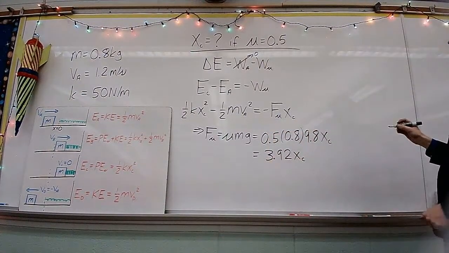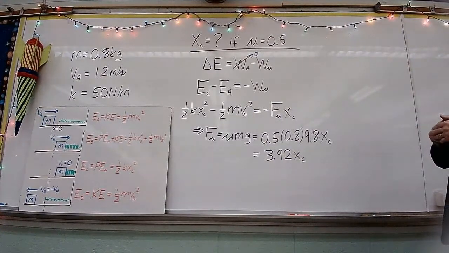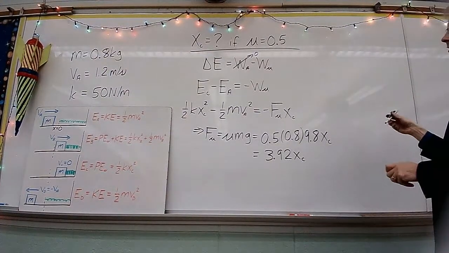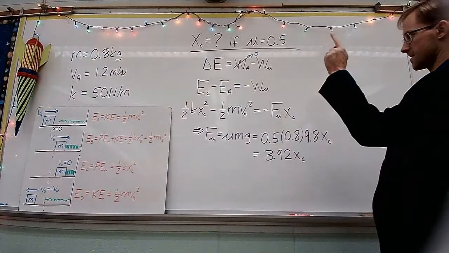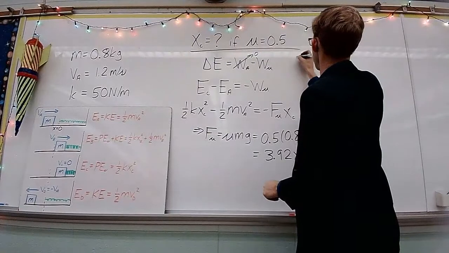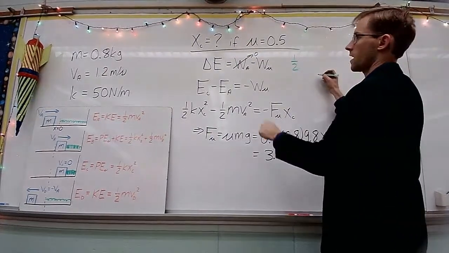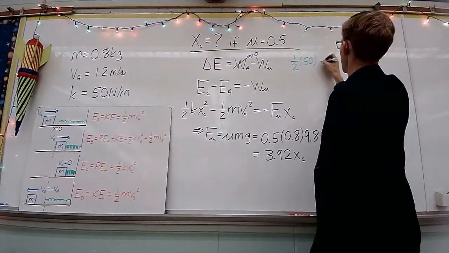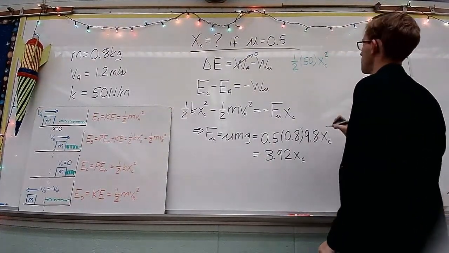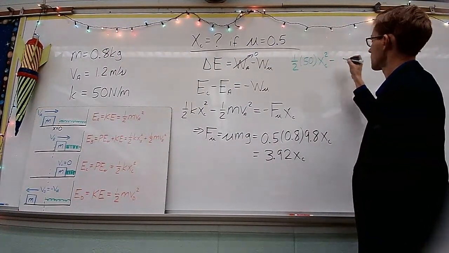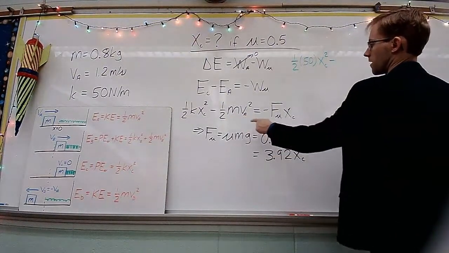And now we've got an expression that might do us some good here. I'll kind of start up here now. So this guy over here, I'm going to put some numbers in. 1/2 times k, which is 50. We've got that compression distance squared. Then we've got minus 1/2 mv squared.